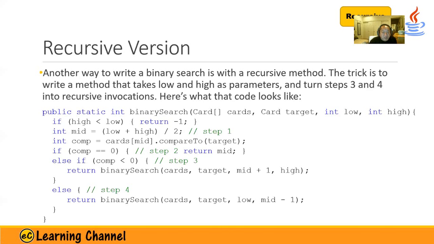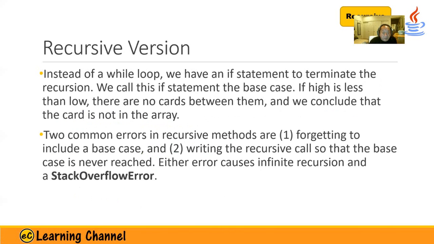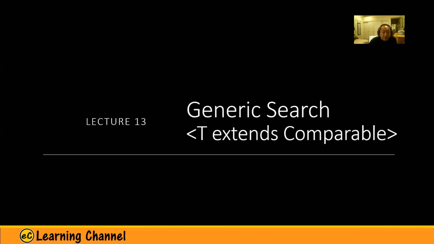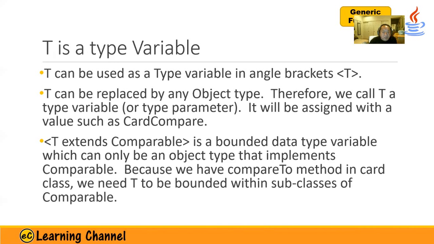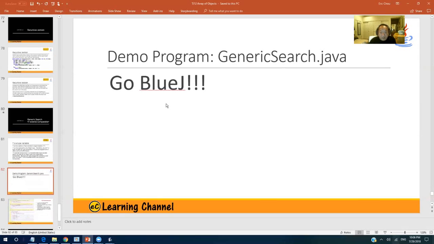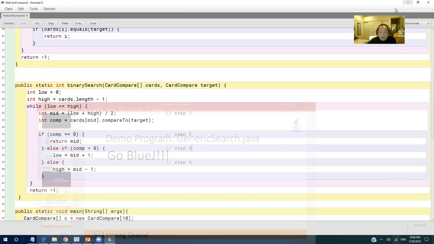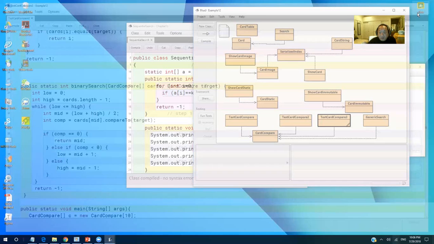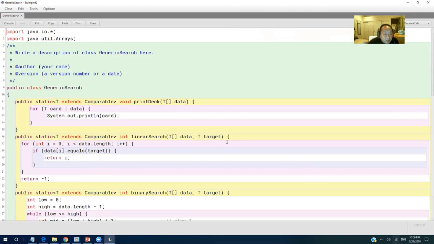But you can read these slides and download the slides from the internet. The last one, generic, is to provide a generic searching type so that the binary search can work for car, for integer, or for every other thing. So here, let me show you what the generic searching type is.